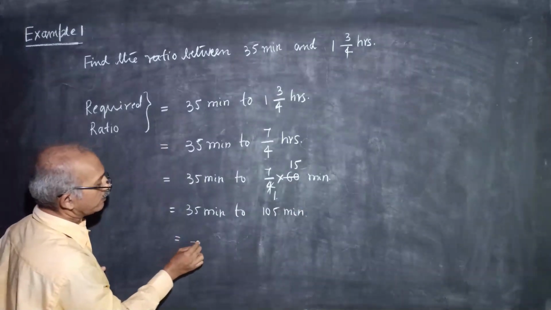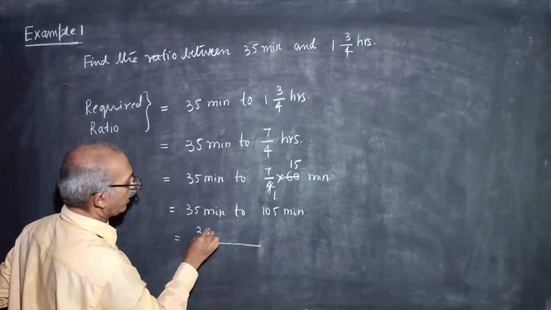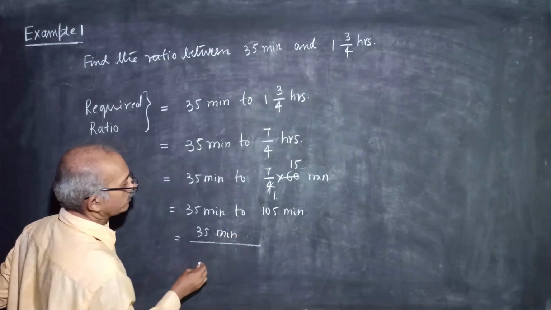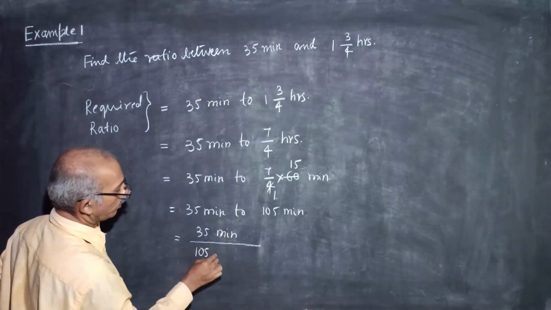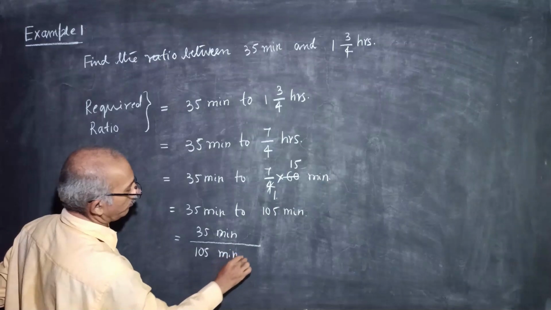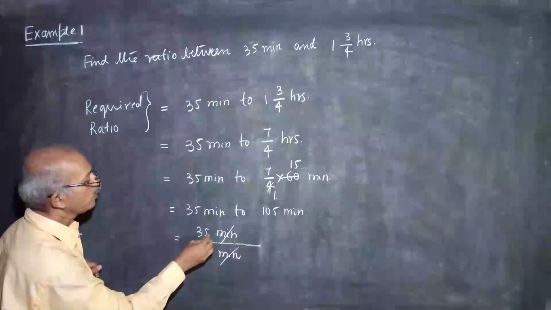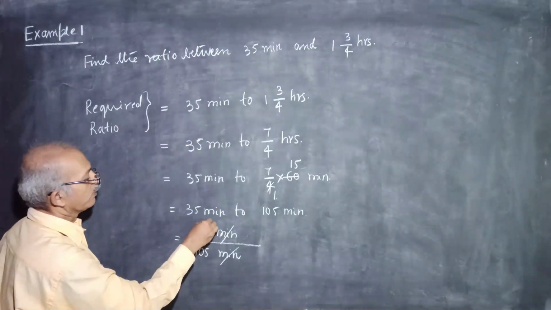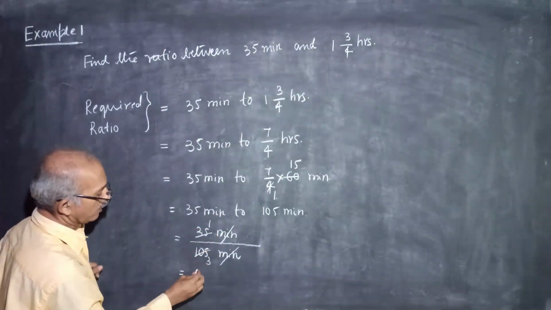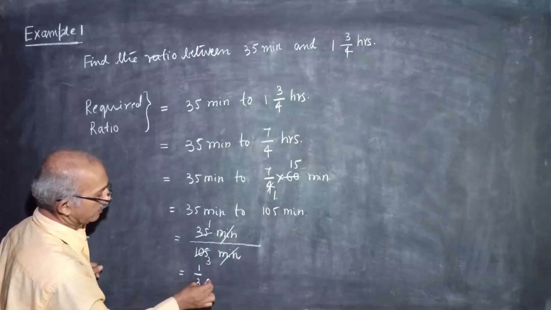This we can write as 35 minutes to 105 minutes. Minutes cancel. This is equal to 35 by 105, 35 ones are 35, 35 threes are 105. So we got 1 by 3.